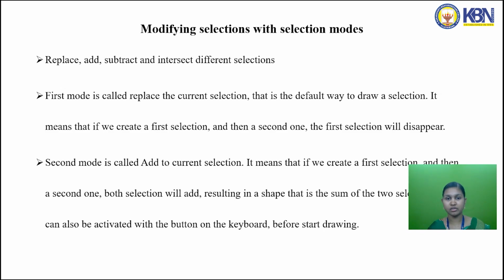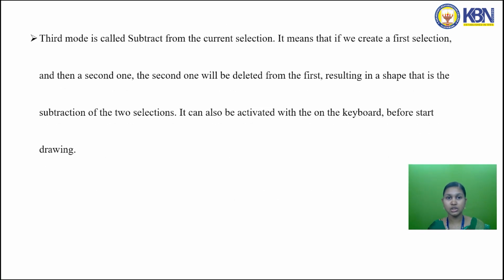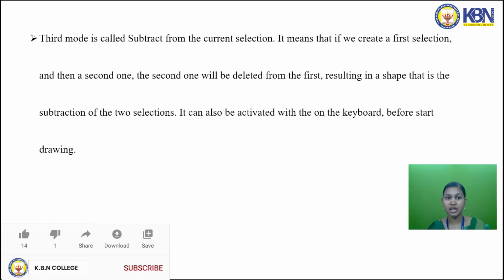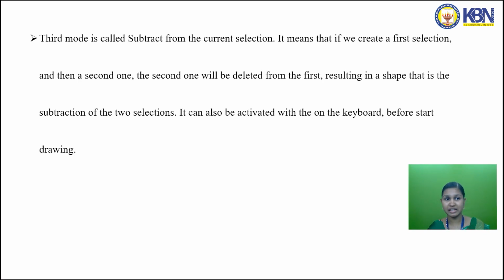Now the third mode is subtract from the current selection. It means if you create a first selection, the second one will be deleted from the first. Then the resulting shape is the subtraction of the two selections. Do not confuse the first mode and the second mode. In the first mode you delete the first selection.